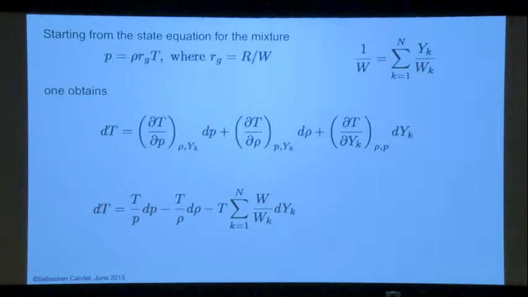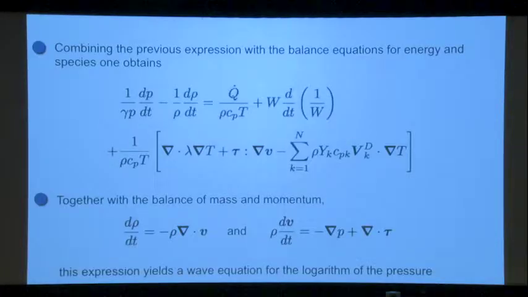The temperature depends on rho and Yk, and depends on P, and depends on Yk itself. So you can write all these expressions here, and you get this relation, which is here. You relate T to P and rho, and to the dYk's. When you do that, and you include that into the equation, the balance of mass, little by little, you get something which looks like that.